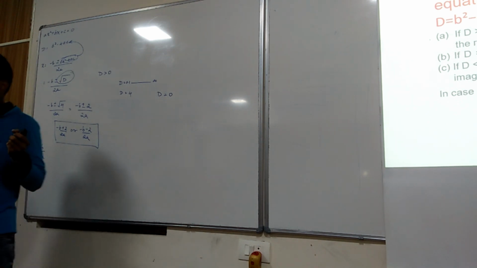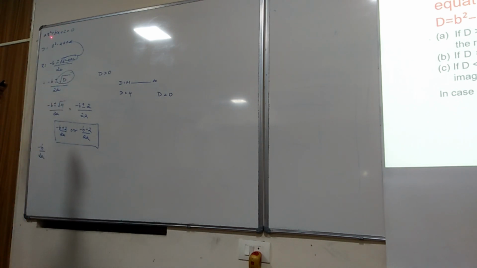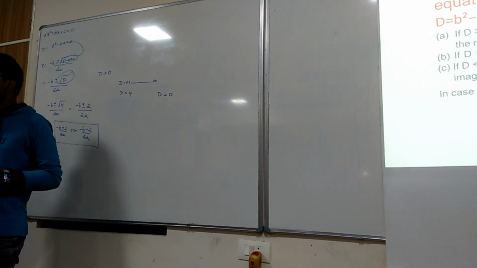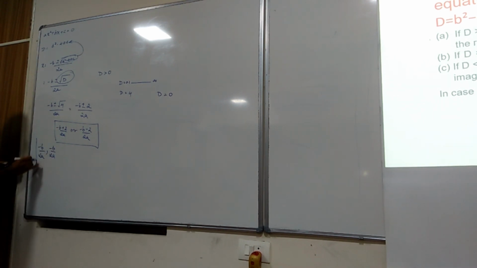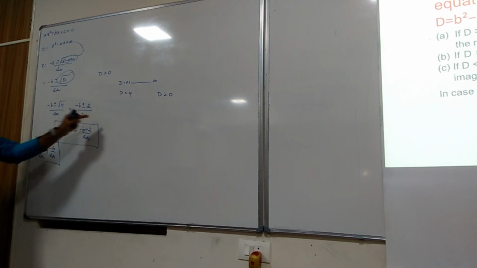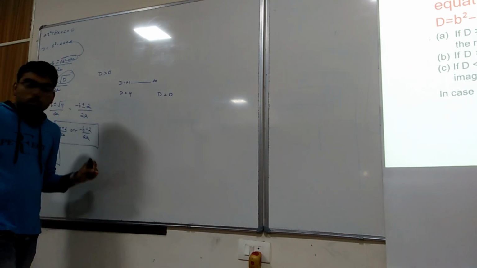But what kind of equation is it? Quadratic, power 2. So there will be two solutions. Both solutions will be minus b by 2a. Doubt? No doubts? Okay. This is when D is equal to 0.